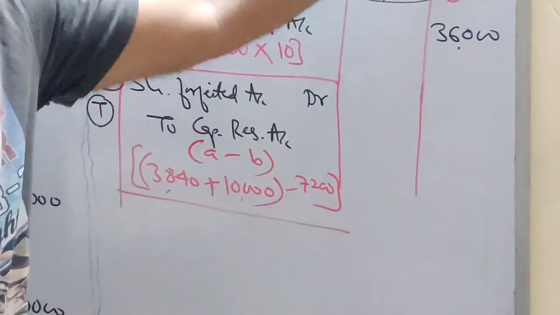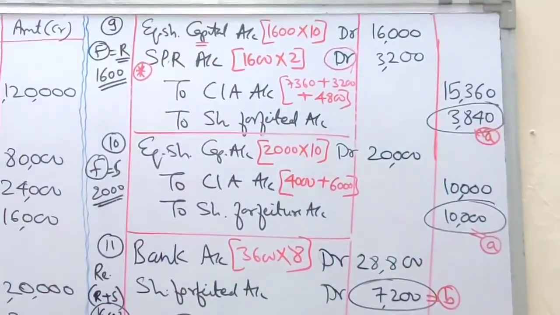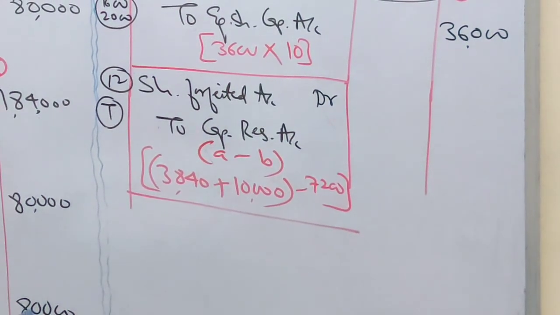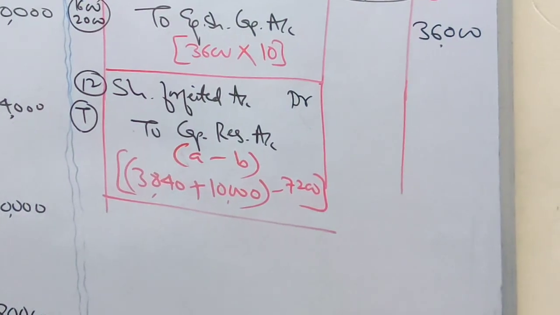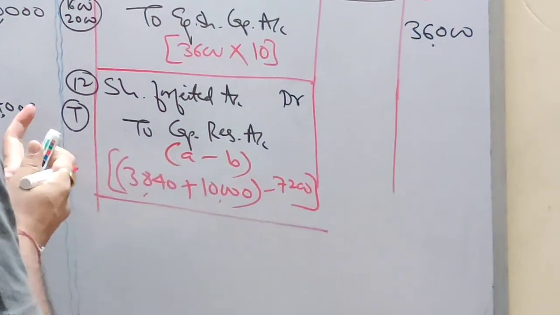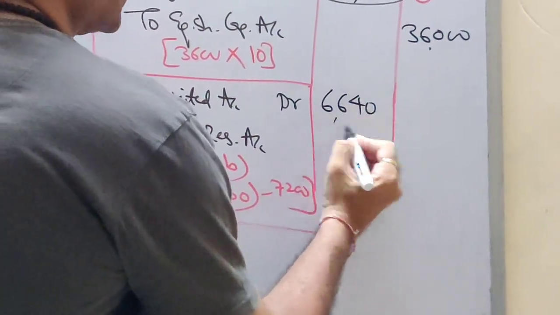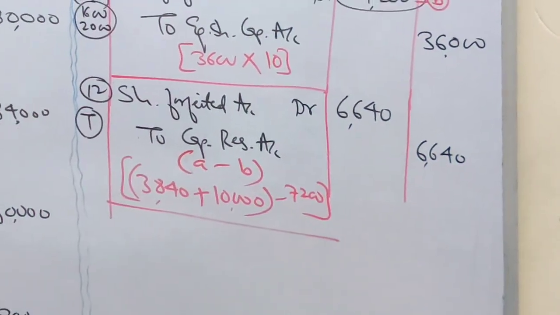This is where we are going to use this variable A minus B. So let's see what is our answer. 3840 plus 10,000 minus 7,200, that is 6640. So this is your transfer amount.